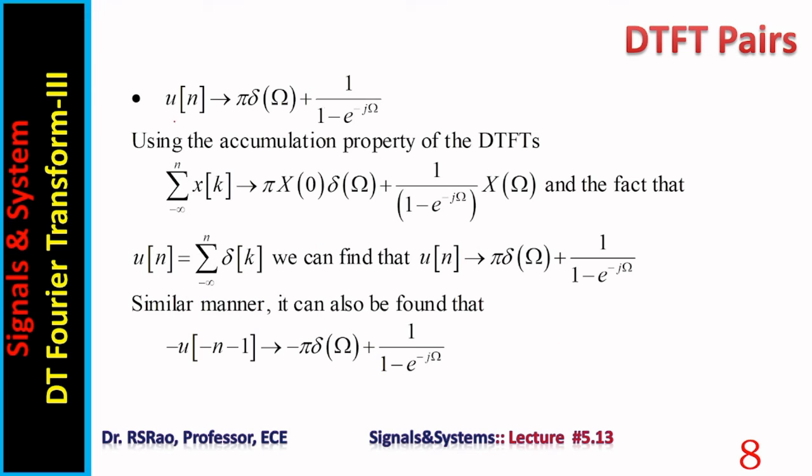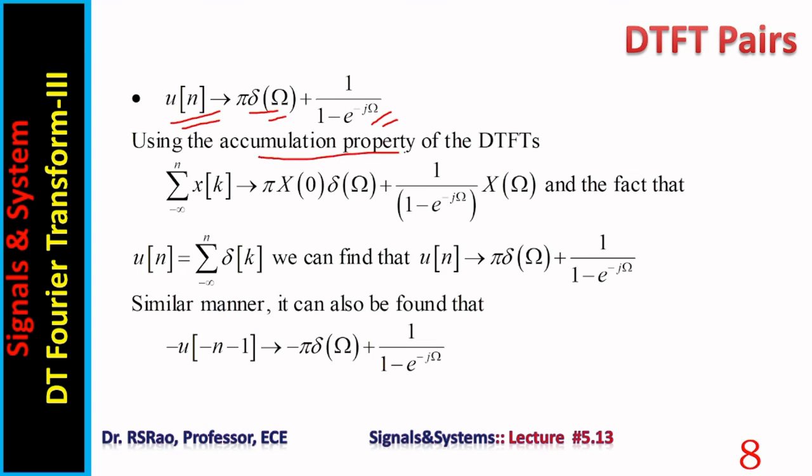Now another signal, unit step sequence. DTFT of unit step sequence can be shown as pi delta of omega plus 1 by 1 minus e power minus j omega.